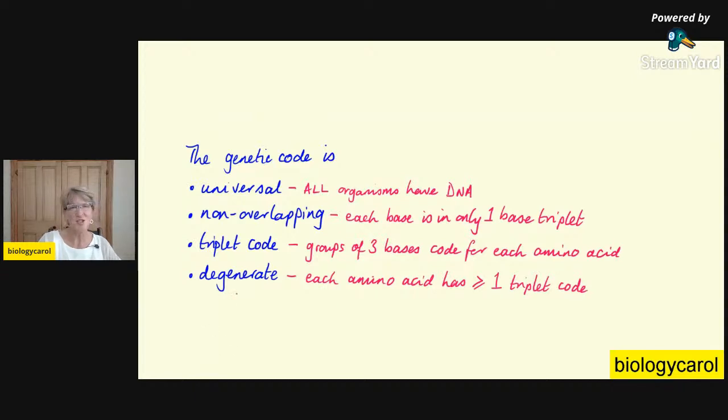And it is also degenerate. Don't quite know where this word has come from, but that means that each amino acid has at least 1 triplet code. You need to be aware of these descriptors for the genetic code and these explanations of the description.